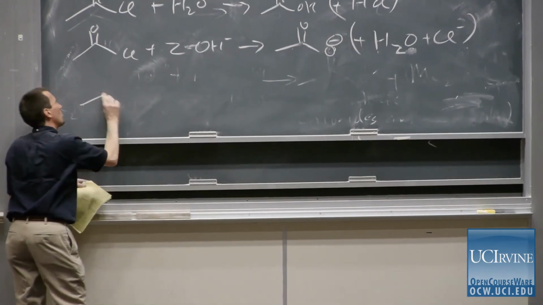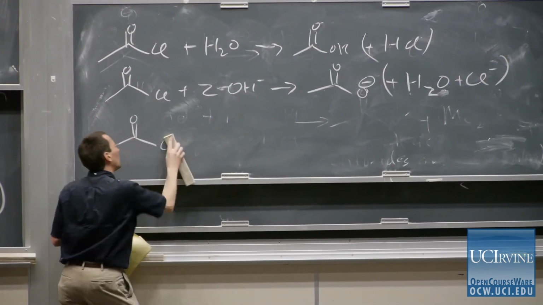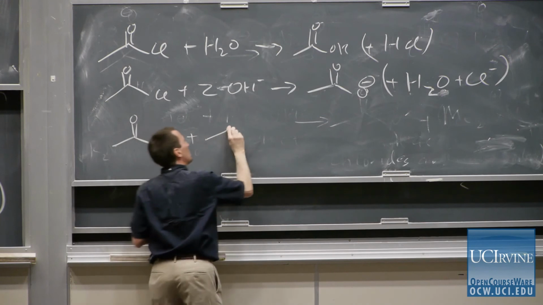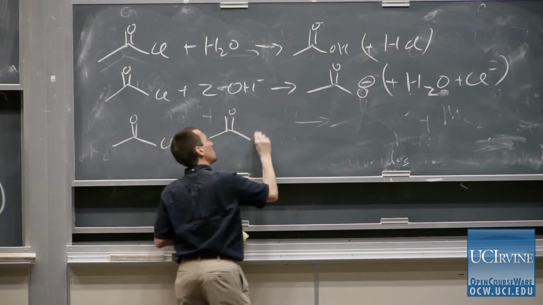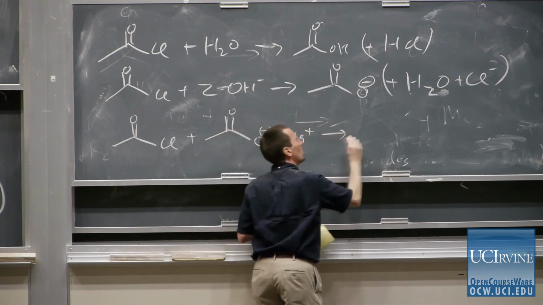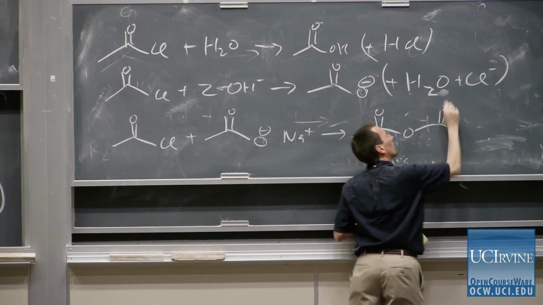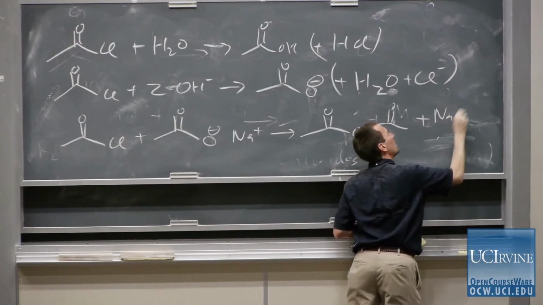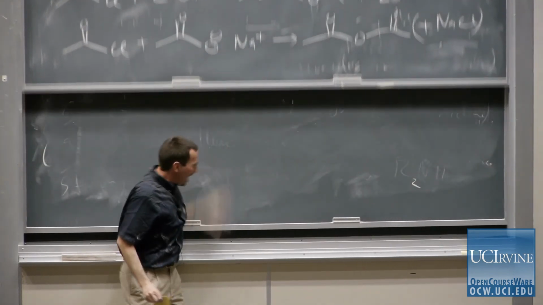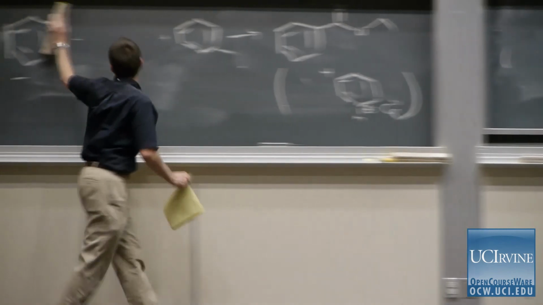And I'll just write one more balanced equation, acetyl chloride plus, let's say, sodium acetate, just for the hell of it, I'll write in a counter ion here, goes to acetic anhydride plus sodium chloride.